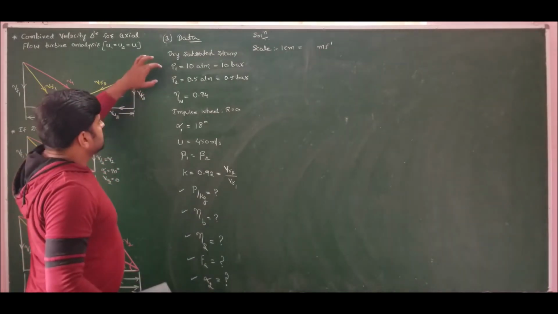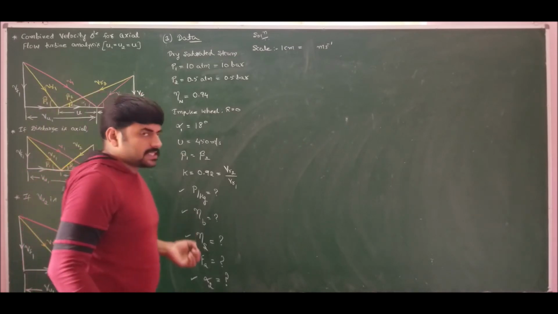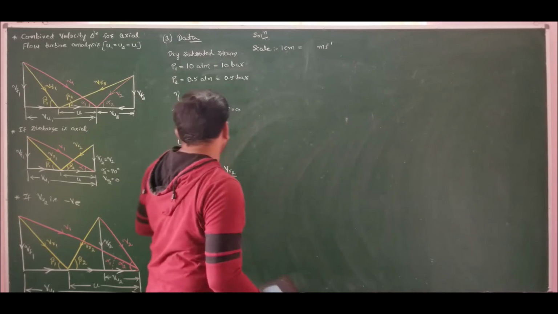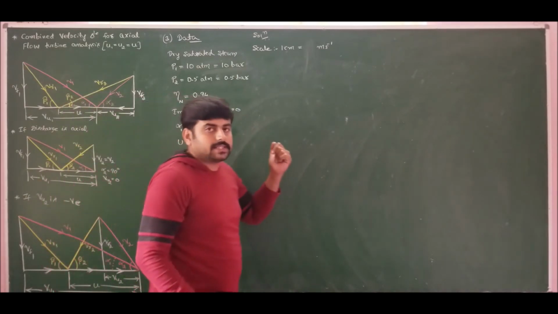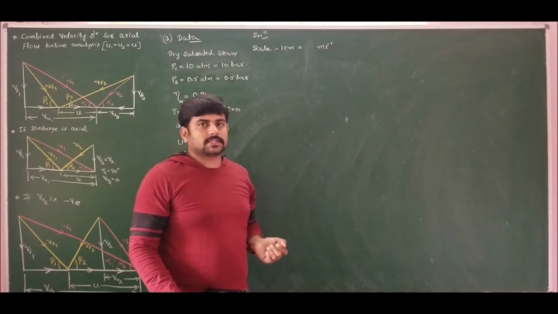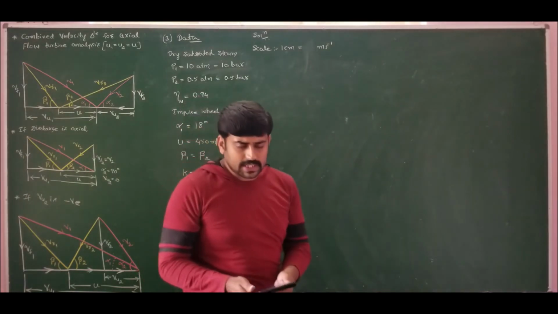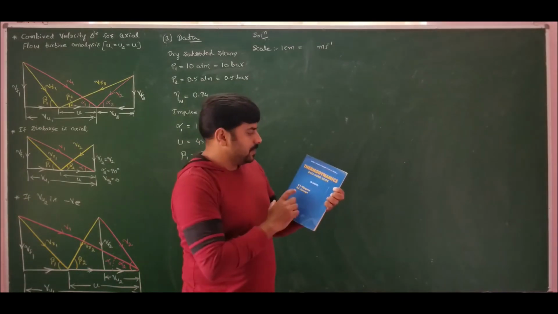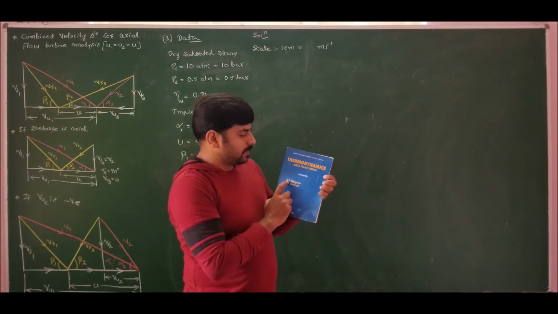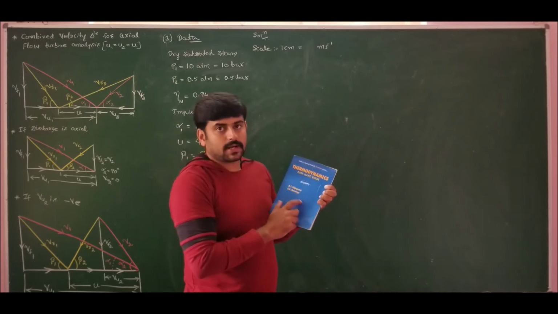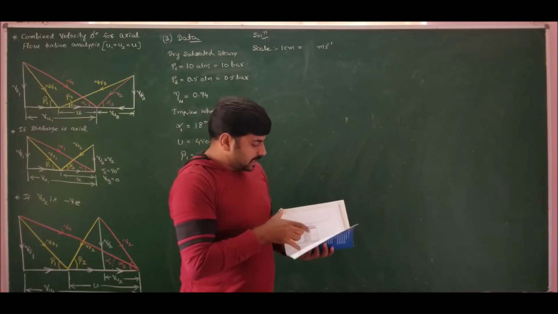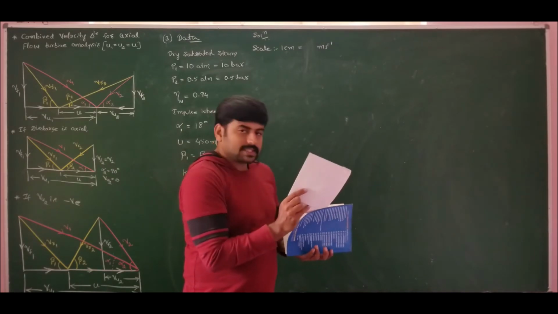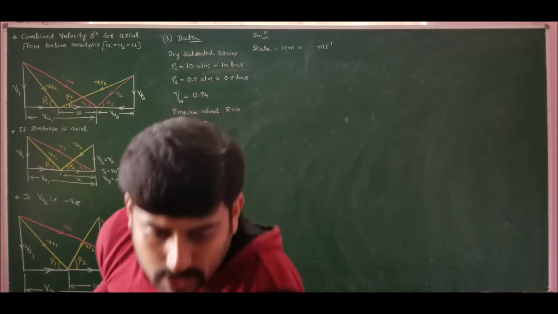So since he has given the pressure, using the HS diagram, that is the Mollier chart, I can find out the enthalpy difference. Then multiplying with the nozzle efficiency, I can calculate the velocity at the entrance. Let us use the Mollier chart and solve this problem. To solve this problem, I will be using the thermodynamics data handbook written by B.T. Nijaguna and B.S. Samaga. If I refer to this data handbook, at last we have the Mollier chart, that is the HS diagram for steam.